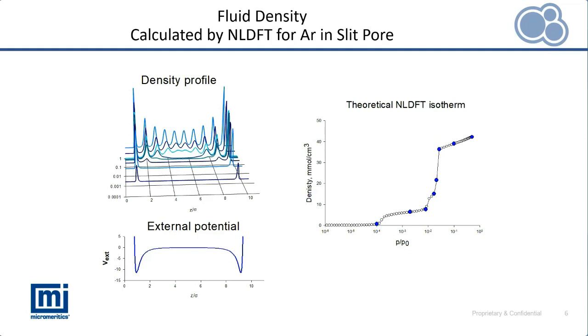Then the following points on the isotherm correspond to increasing density inside the pore. As we said before, the external potential is very short range. So the initial density profile shows just one peak near the wall.